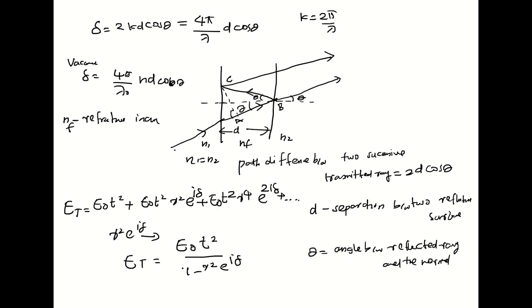Okay, so that is the amplitude of the wave, where It, as we know, can be represented as the mod of Et whole square.